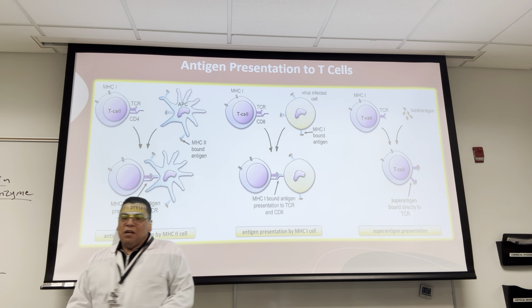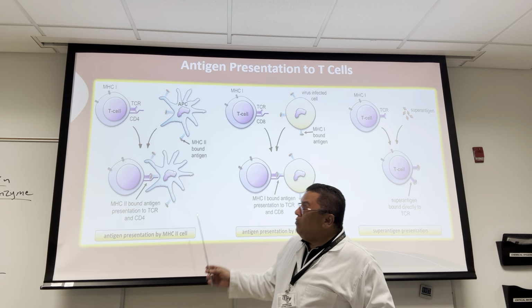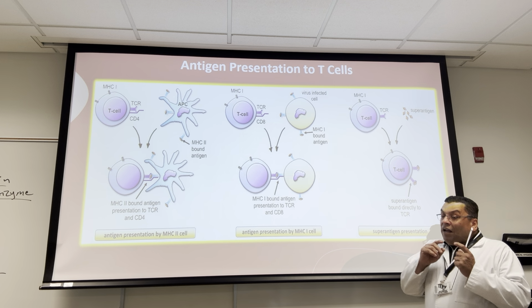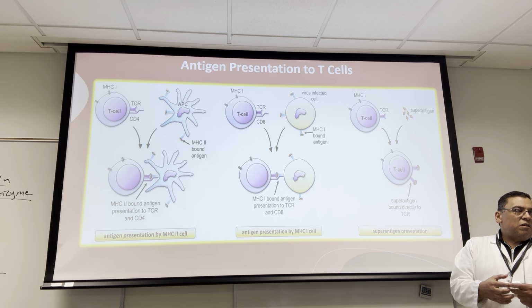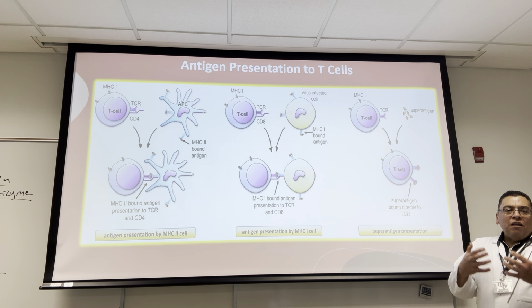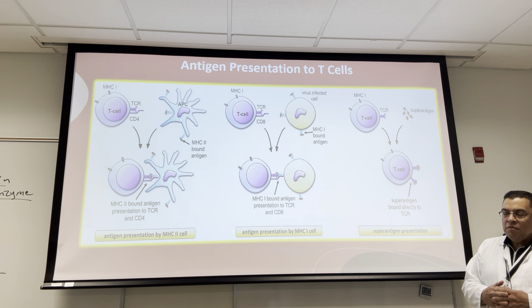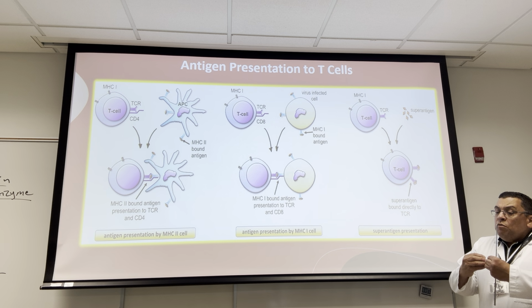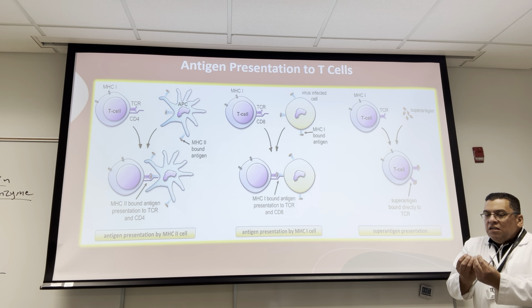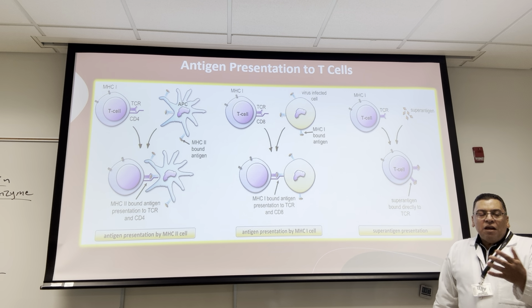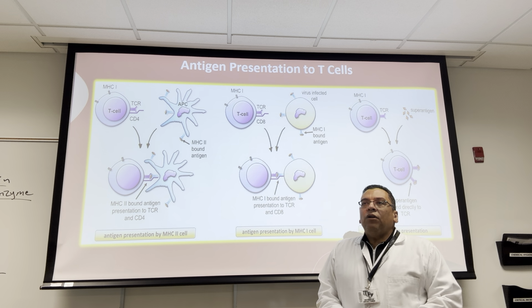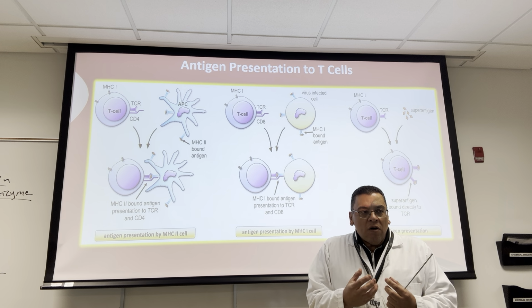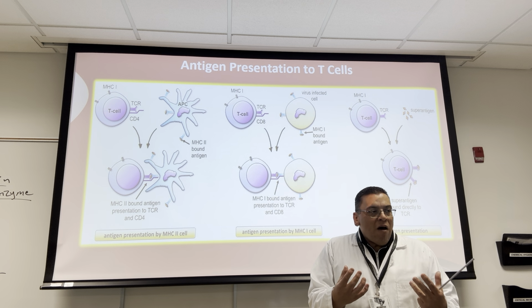Watch. If you notice in the previous two pictures, the antigen was presented to the T cell, whether it's a helper T cell or a cytotoxic T cell. When you present the antigen to the T cell, besides the fact that you activate the T cell, you also ensure a tailored response.